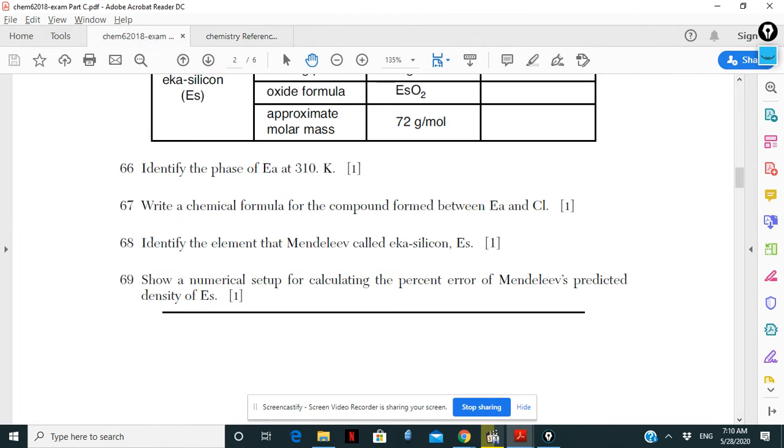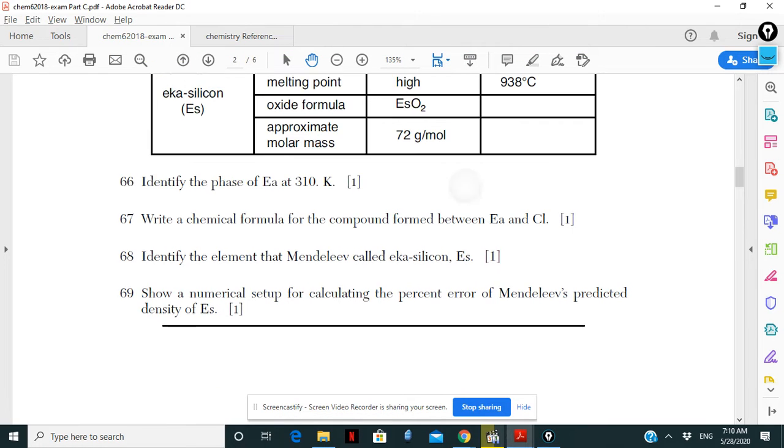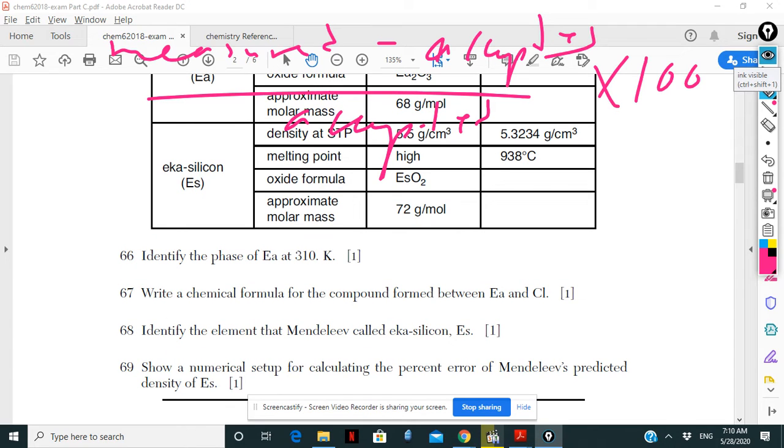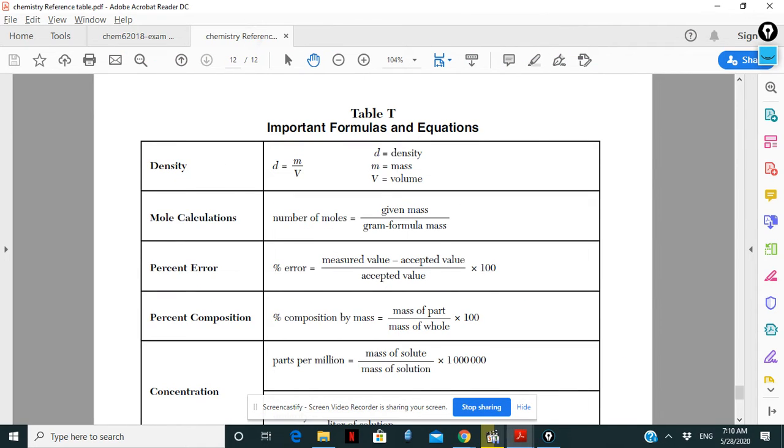Now, in the question, he's telling me that the measured one, asking about the density, is 5.5. So now I need the accepted one. I know that's Ge, so I'm going for the Ge.